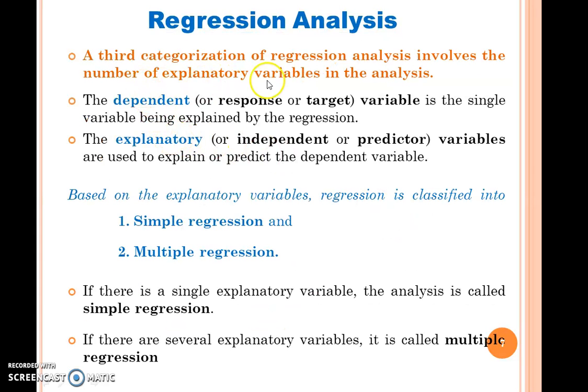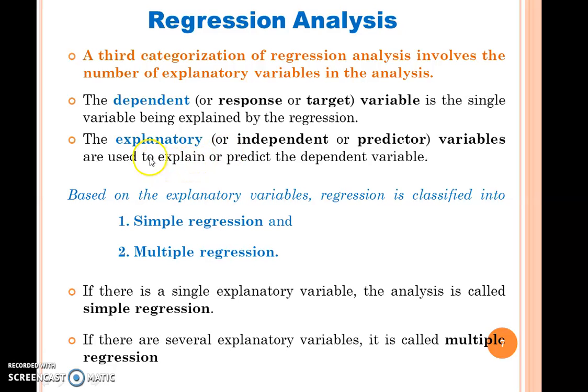The third categorization of regression analysis involves the number of explanatory variables in the analysis. We have two important variables. One is the dependent variable, and the other is the explanatory variables. The dependent variable is the single variable being explained by the regression. It can also be called a response variable or a target variable.